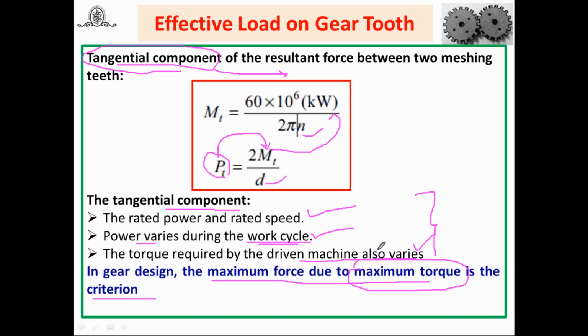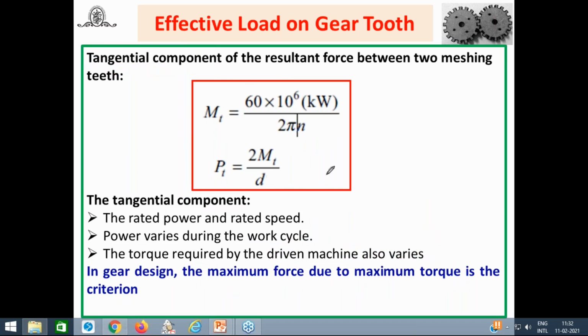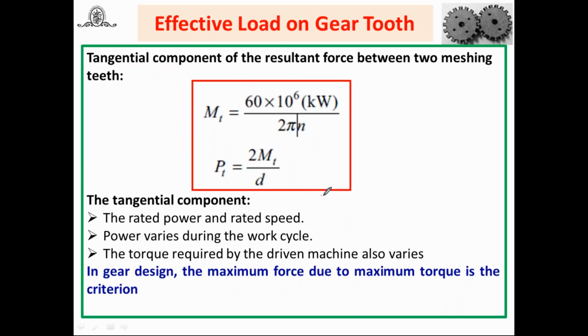Because it is going to vary as per the application or duty of that spur gear or industrial gearbox. By considering the maximum torque, we have to find out the maximum force, and for that maximum force, we have to design the gear. Try to understand. To find out the effective load, these important things you also have to take into account. So what you have to do?